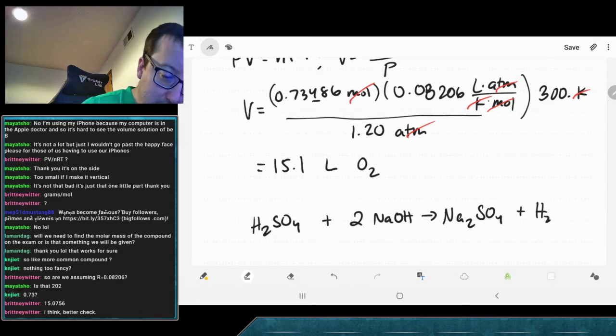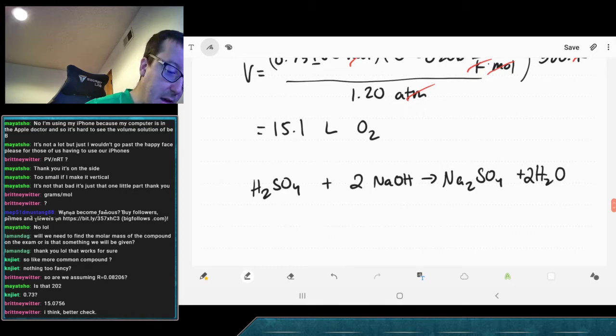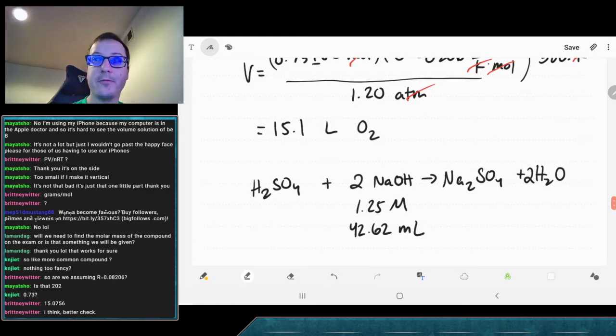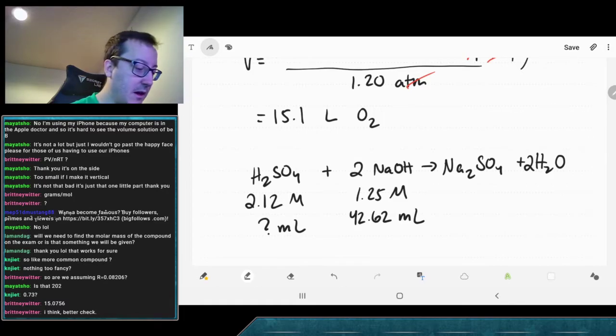One of our favorite double displacement reactions also happens to be a neutralization, right? We are producing water. So, standard acid-base reaction. Let's say we're given this.